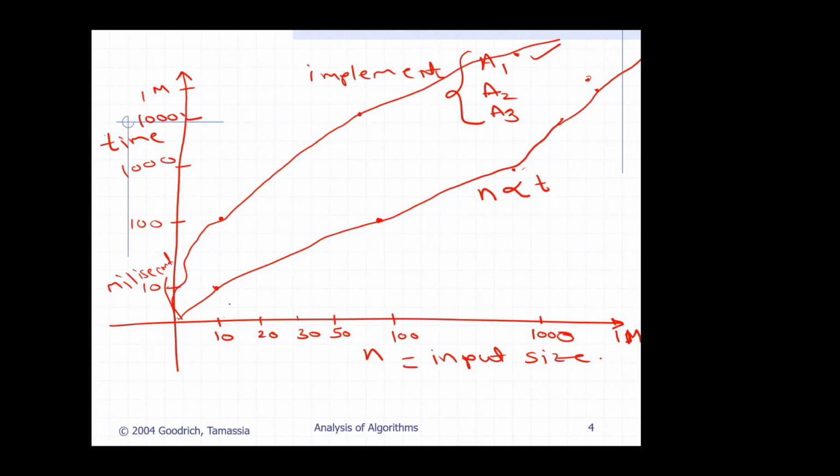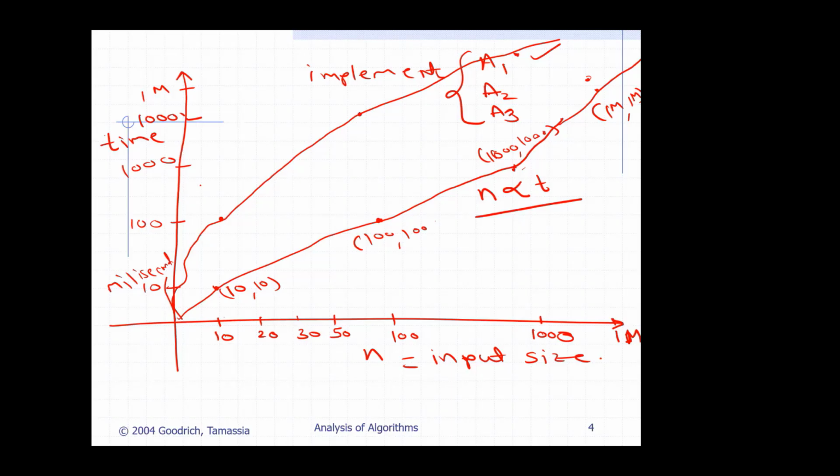Now, for A1, this point is 10, 10, this point is 100, 100, and this point is 1000, 1000. Whatever was my input size, I'm getting the exact same as my time, so it is proportional to the input size.